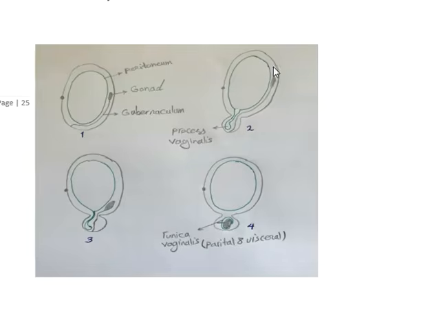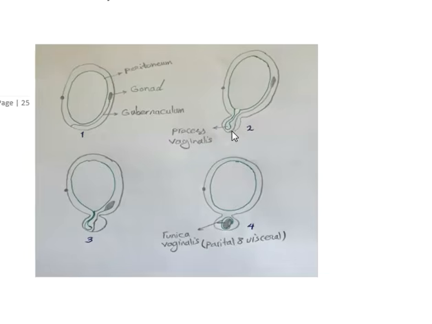In the next picture, I mean in number 2, as the gonad is trying to descend and reach the scrotum, a process of the peritoneum comes down and fills the inside of the future scrotum.